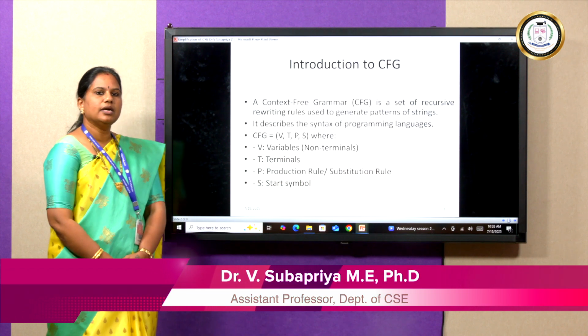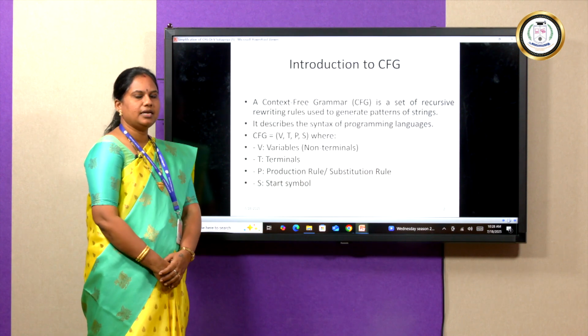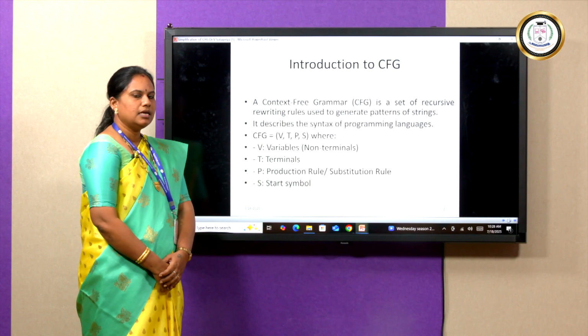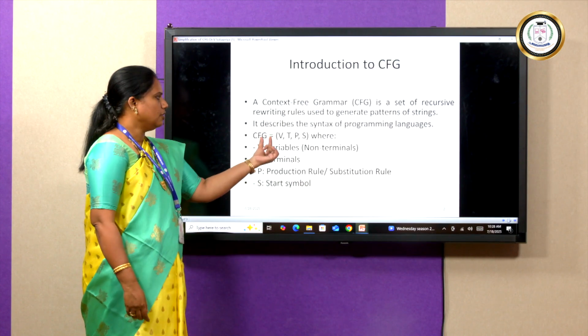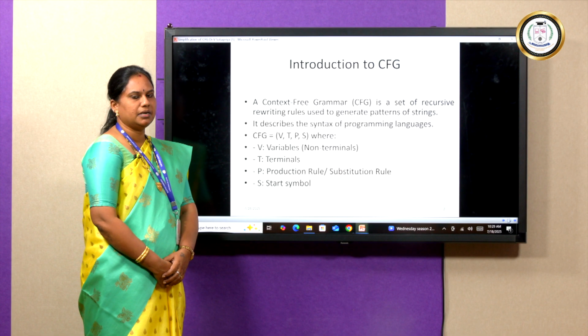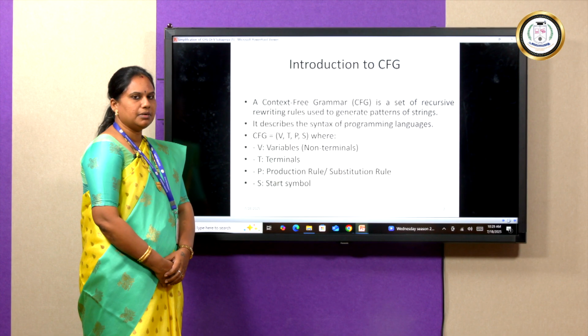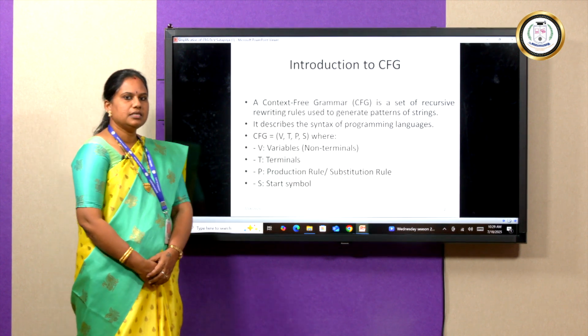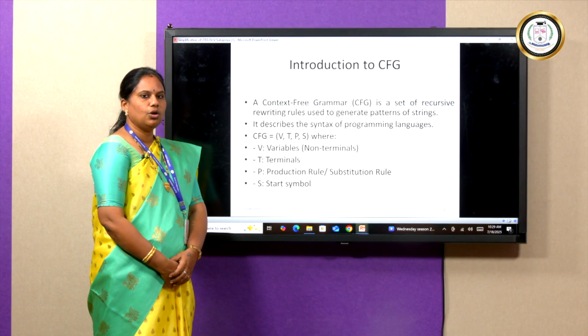In general, context-free grammar is defined as a quadruple, denoted as CFG = (V, T, P, S), where V is a finite set of variables or non-terminals, usually represented in uppercase, and T is a finite set of terminals, which is represented in lowercase.